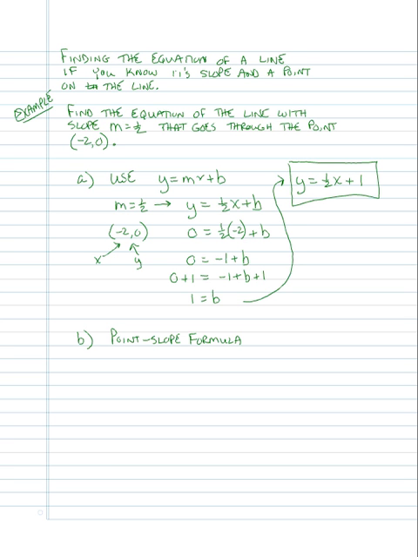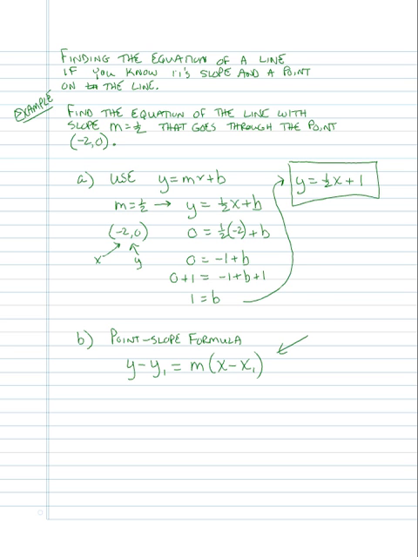The point-slope formula says the equation of a line can be written in this form: y minus y sub 1 is equal to m, the slope, times the quantity x minus x sub 1. The regular x and y are the x and y in the equation. The y sub 1 and x sub 1 represent a point that is on the line, and the m, of course, is the slope.